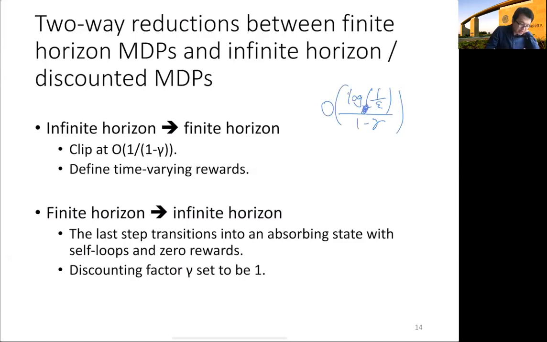It suffices to consider this for the clipped version of the infinite horizon MDP to have values that are uniformly bounded from the corresponding finite horizon version when h is chosen to be this, right? Once you clip that, the entire tail due to the geometric series is smaller than epsilon. Then you can replace this with the same model for the finite horizon Markov decision process and use the finite horizon algorithm to solve the infinite horizon problem approximately up to epsilon.